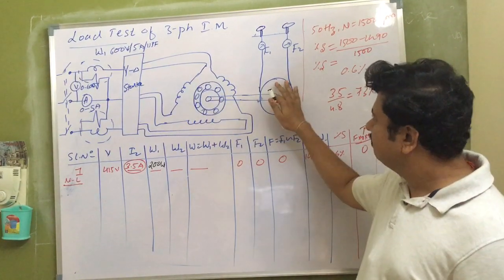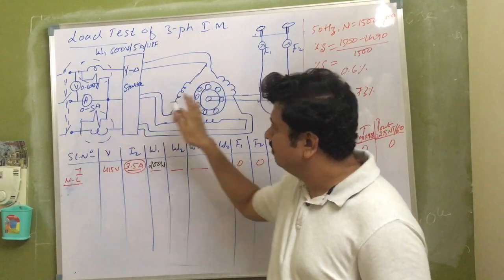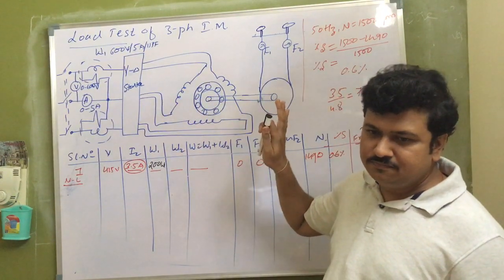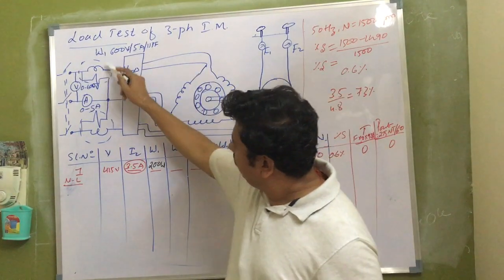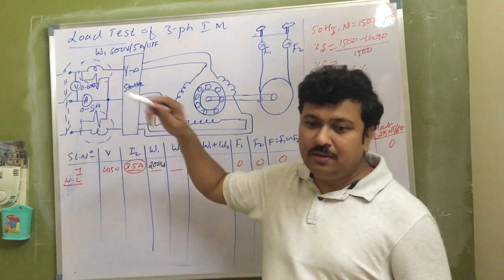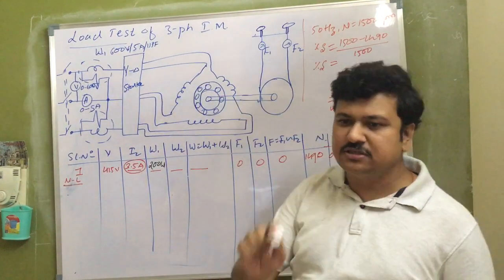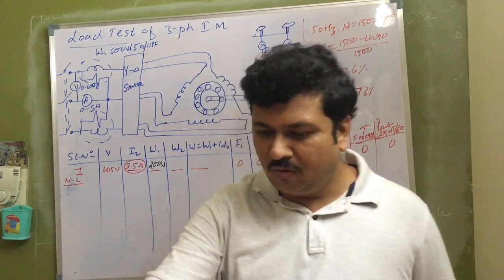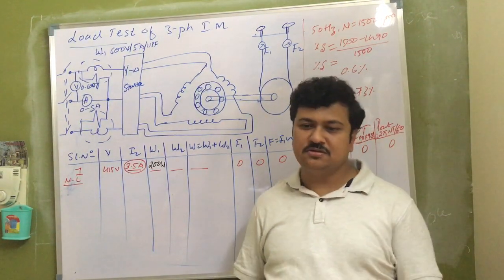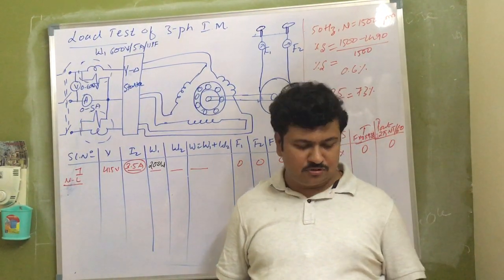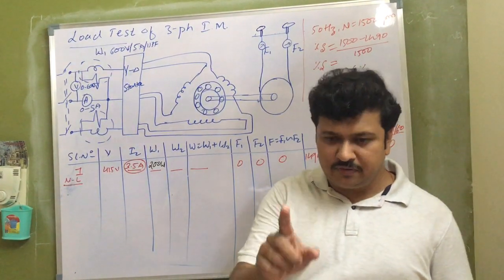For the motor, the pulley is the load. For the supply, the motor is the load. Now the wattmeter will behave depending upon the power factor of this induction motor. What is the power factor of this induction motor and how does it vary? For that you should understand the no load and load operation of the induction motor.